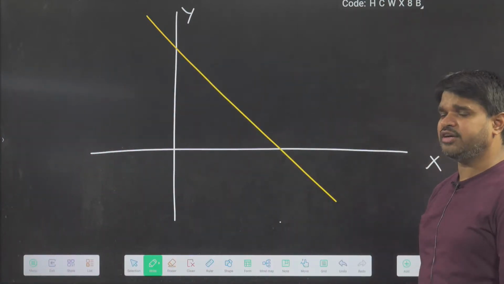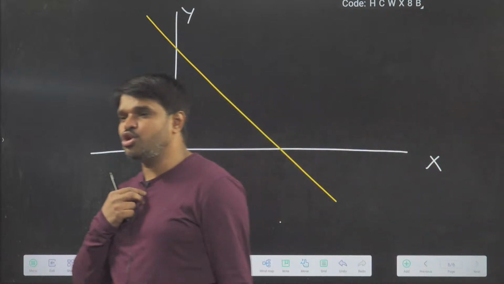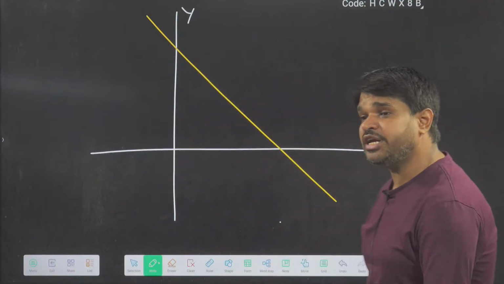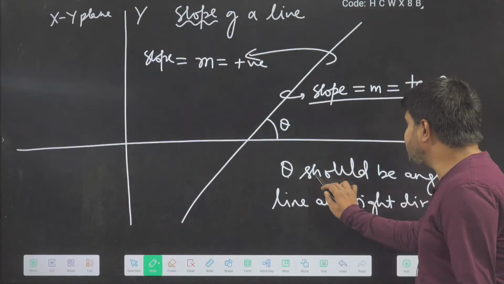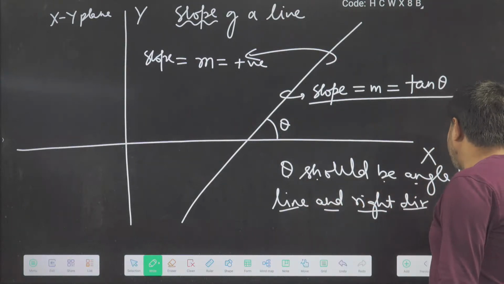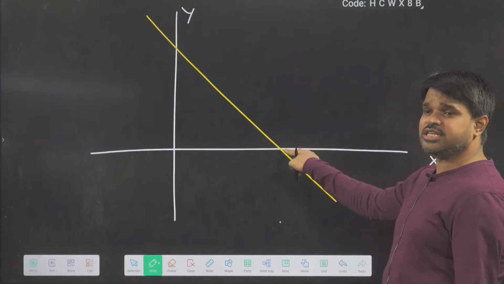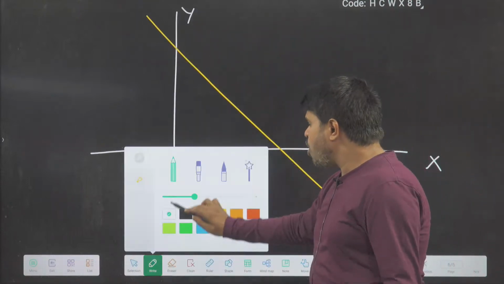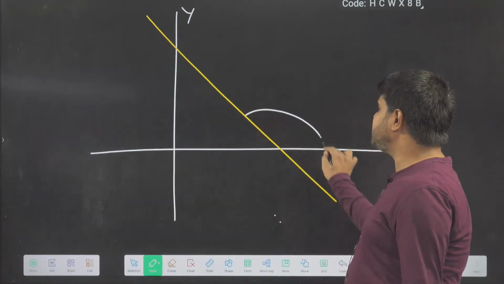Yes, negative. How? Theta should be the angle between the line and the right direction of the x-axis. This is the right direction of the x-axis, this is the line, and now I need the angle.